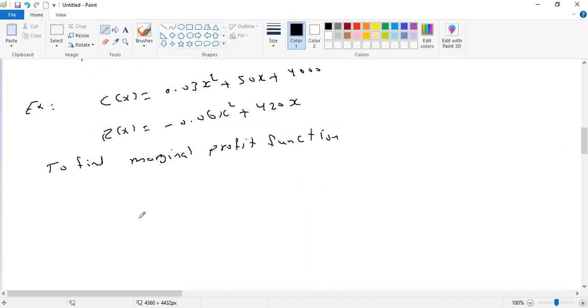First, see the solution. The profit function is not given, but the total cost and total revenue are. The first one is the total cost function, and the second one is the total revenue function.